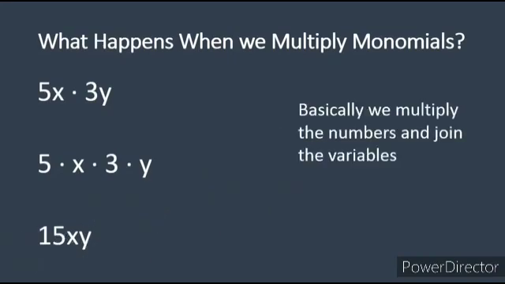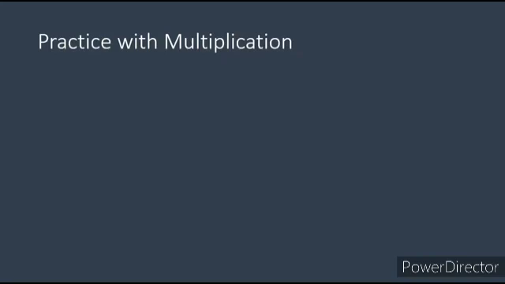So first we need to do the multiplication of coefficient of variable and then the variables. Let us solve few more examples, then you can clearly understand the multiplication of monomial by monomial.